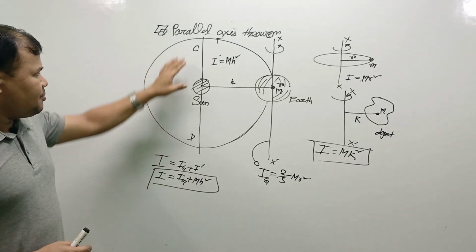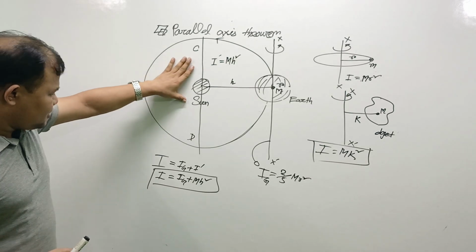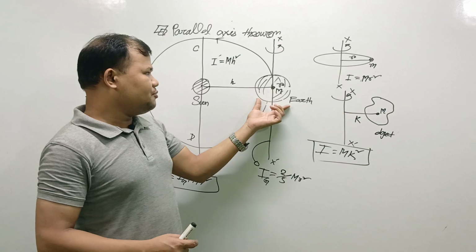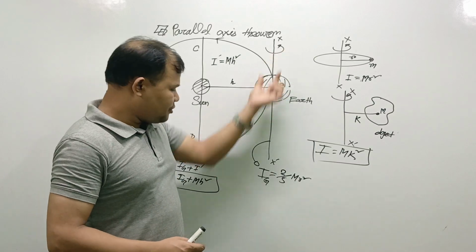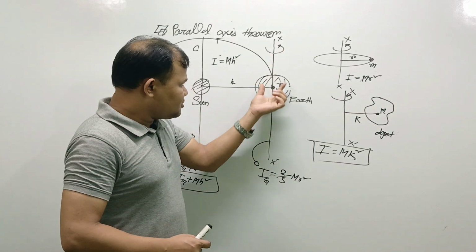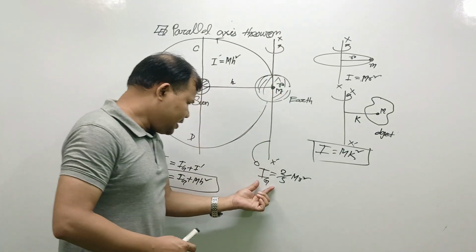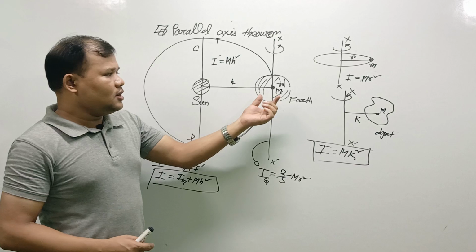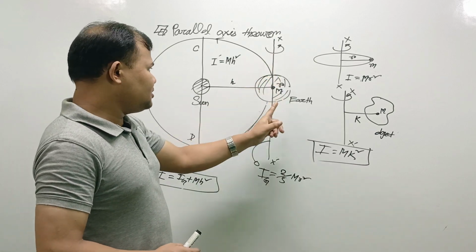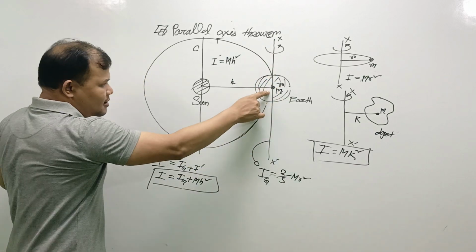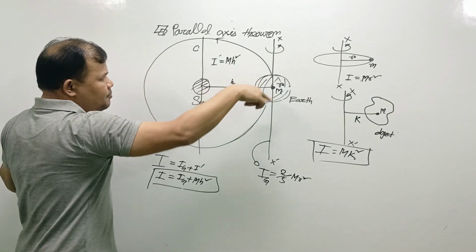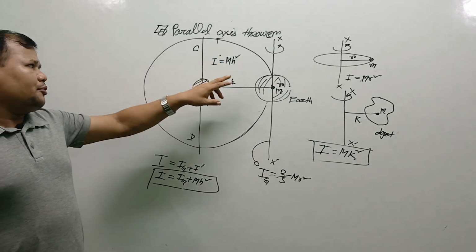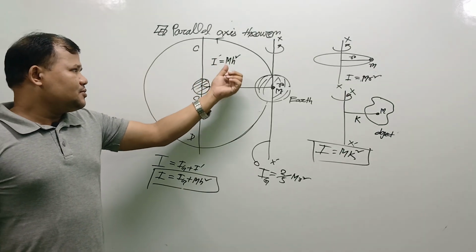As CD is a parallel axis, from the CD axis we first get the moment of inertia of this object for rotation about its own axis, so here we have the value of Iz. And not only does this earth rotate around its own axis, but it also rotates around the sun. Because of that, there is also a moment of inertia, represented by I prime, which is mh².